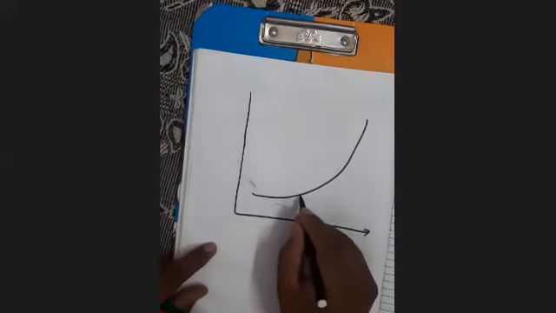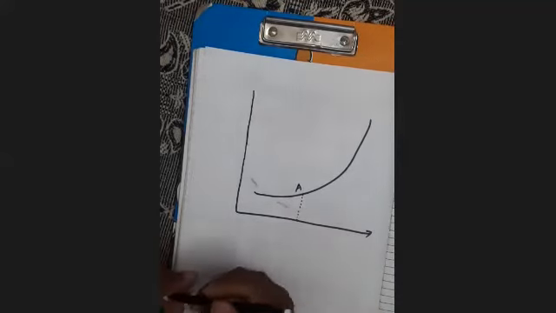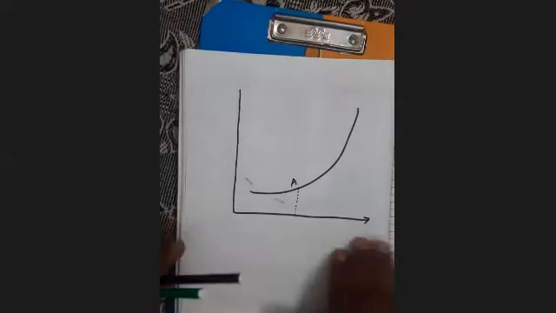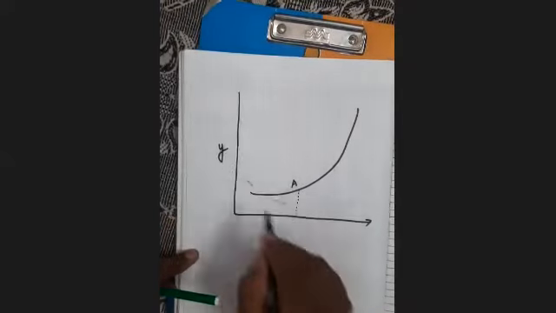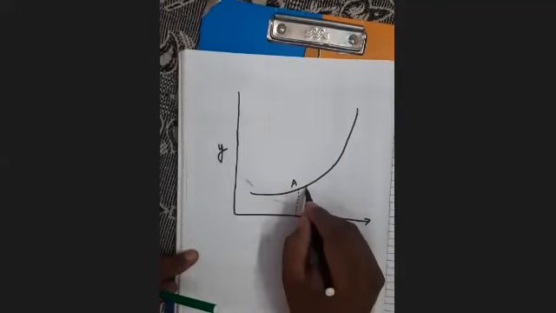We have to determine the slope at this point, so we will take another point B which is very close to A. Here we cannot show it that close, but we have shown it this way.